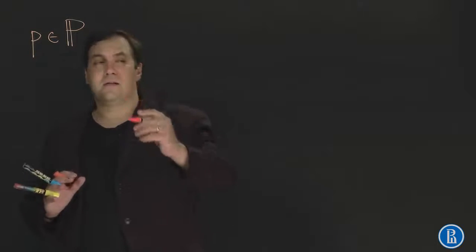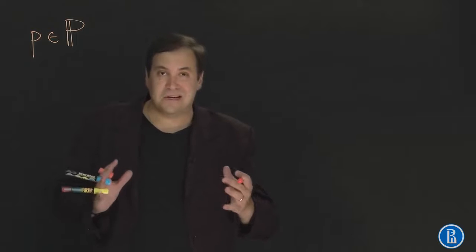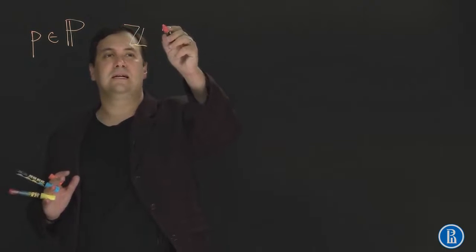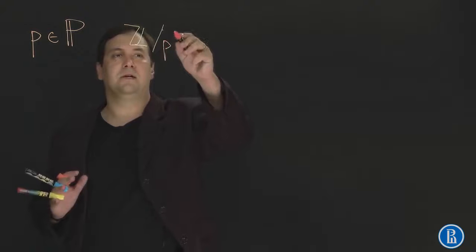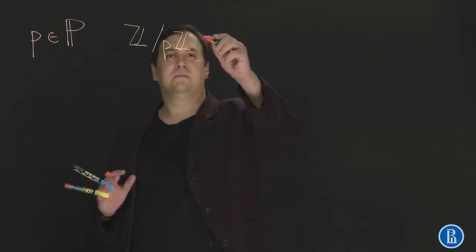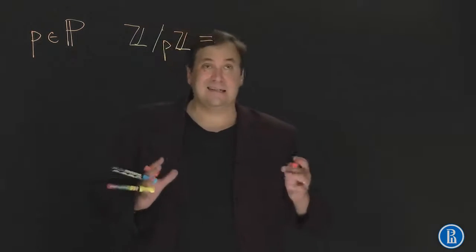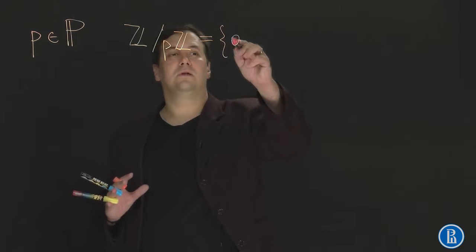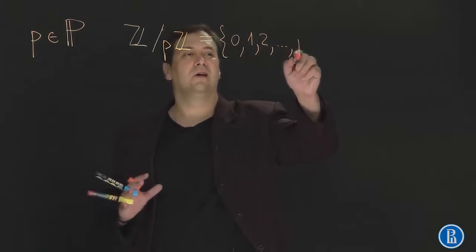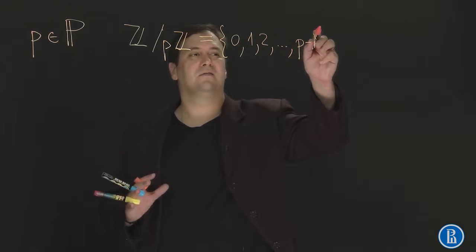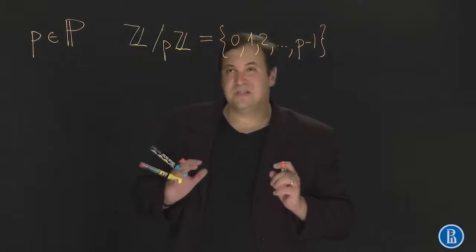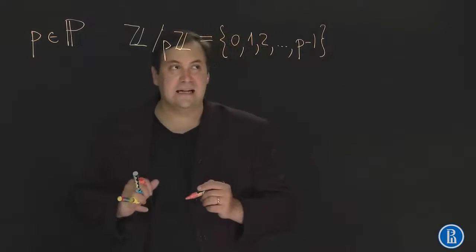Well, consider the set of all remainders modulo p, which we denote by Z over pZ, which as a set is equal to 0, 1, 2, and so on, p minus 1, but these are only representatives of elements of this set.